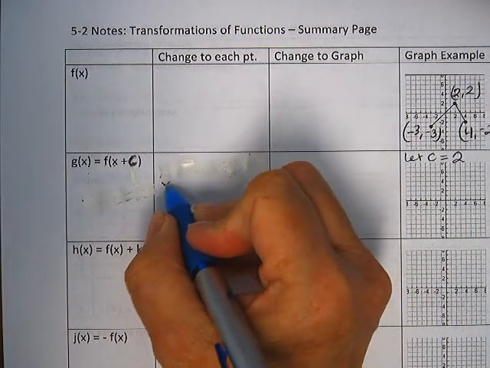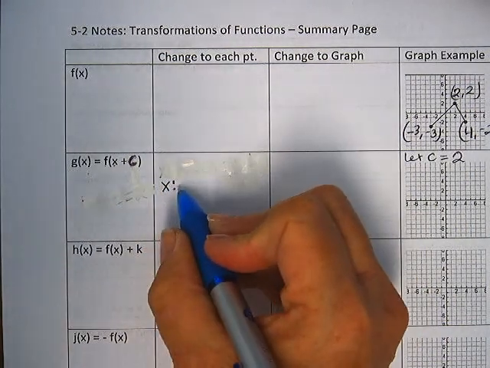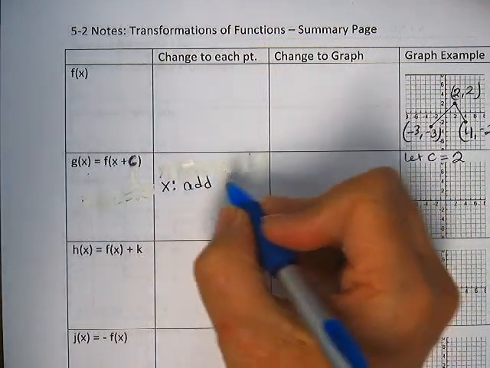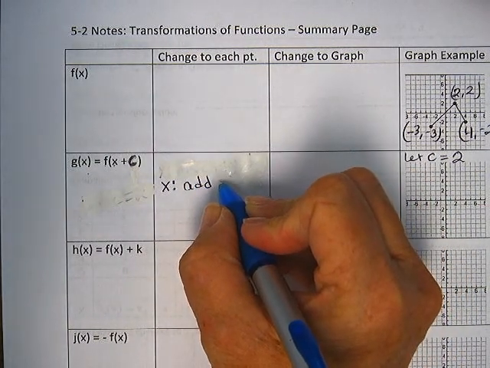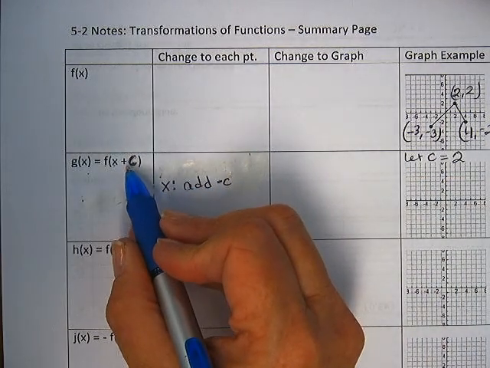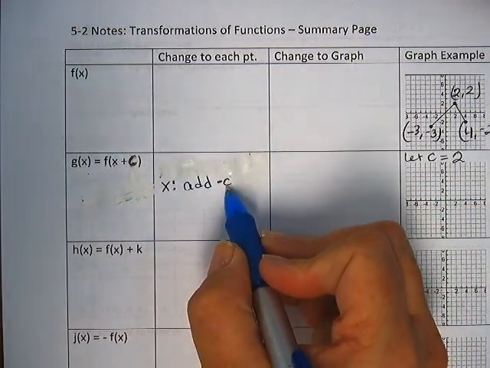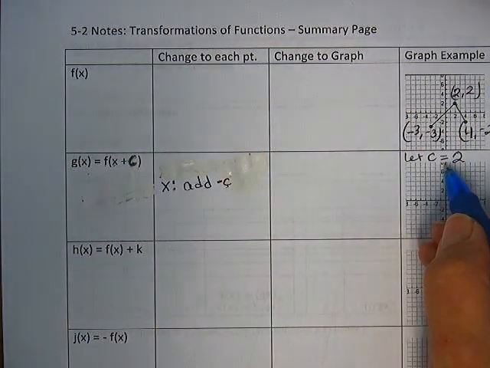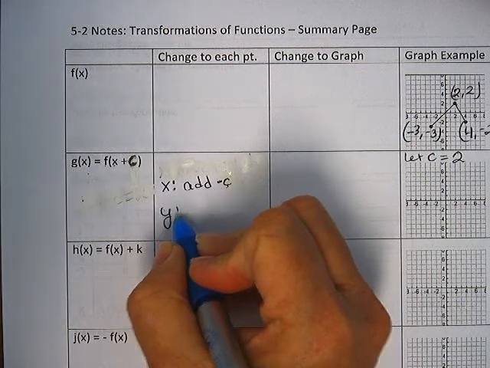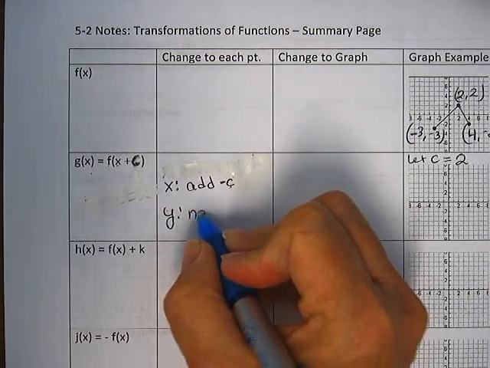The way we find our values is, for every x point on our function, we are going to add the negative of c. So if it looks like this is a positive c, we take the negative. So if we're saying c is 2, we're adding that. Our y values do not change.